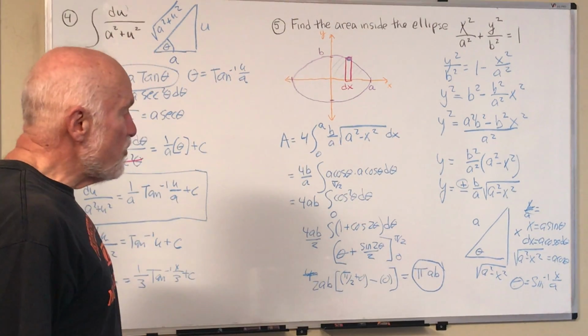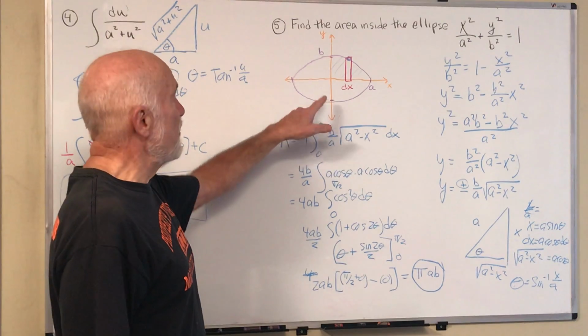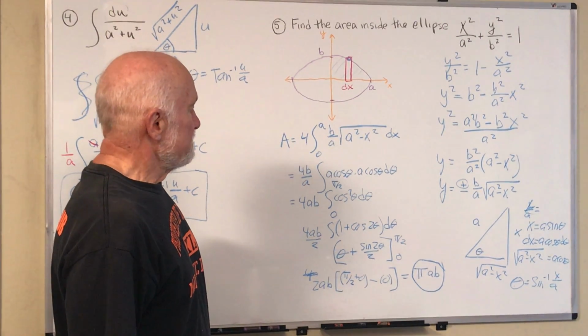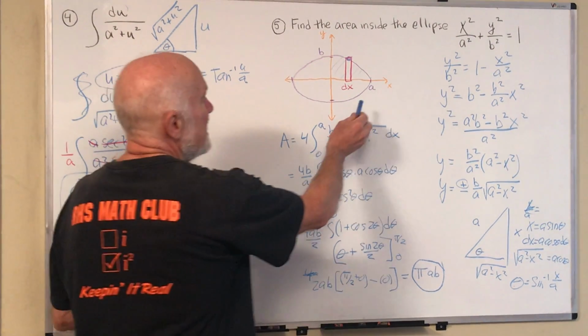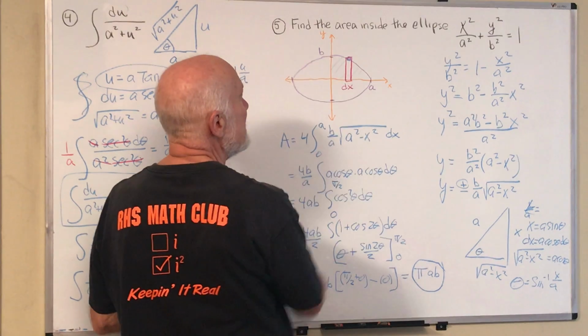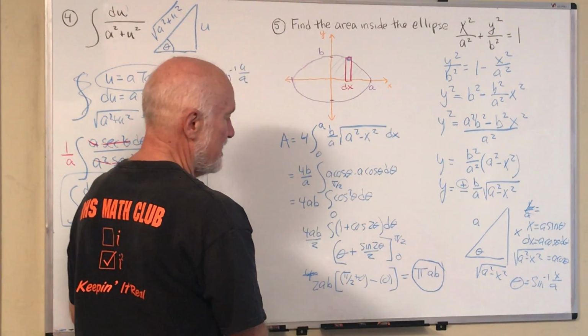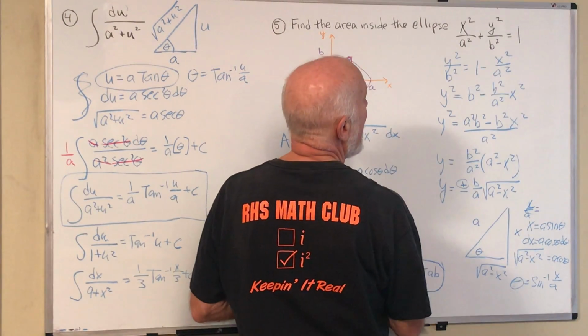So that was quite a bit of work, but it did derive the area for an ellipse. And one other thing you could do is if you made a and b the same thing and called it r, then what would you have if a and b were both r?